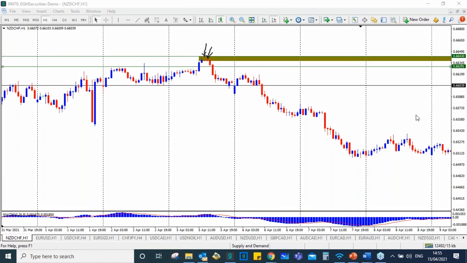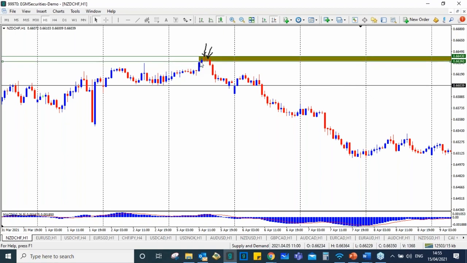We would base our proximal line on the candlestick that has the lowest body. The second candlestick has its body lower than the first body, so we would drop our proximal line along that level. This is our proximal line, the lower line, since it's the line closest to the current market price.